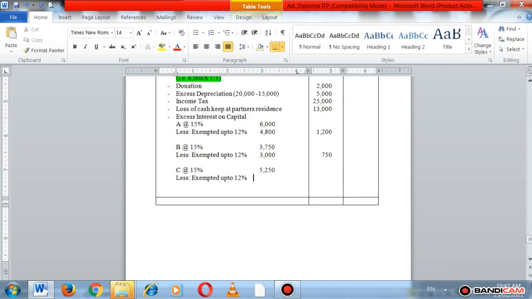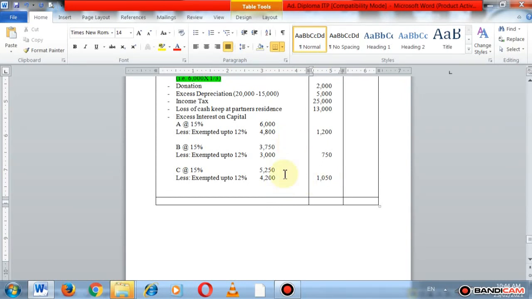That is 5,250 into 12 divided by 15, which is 4,200. Okay, and the remaining balance, 1,050, is taxable. So here we compute interest on capital.